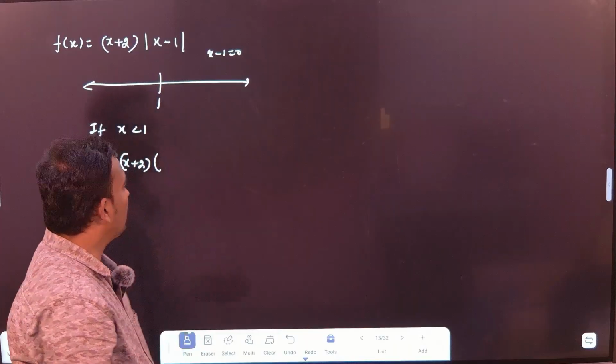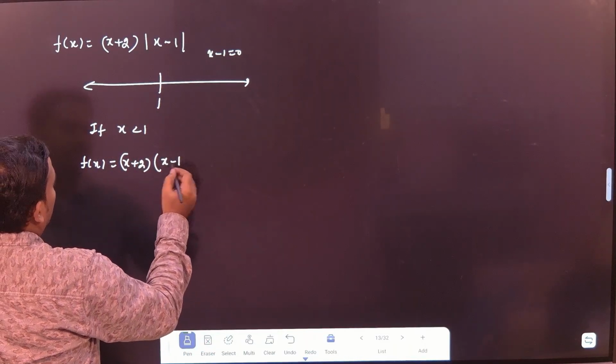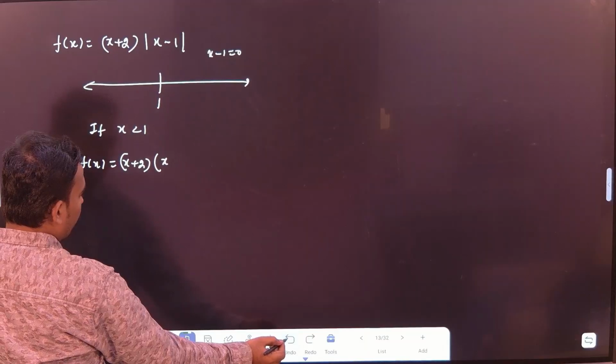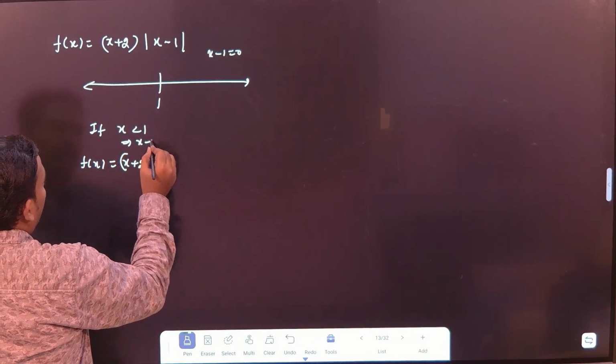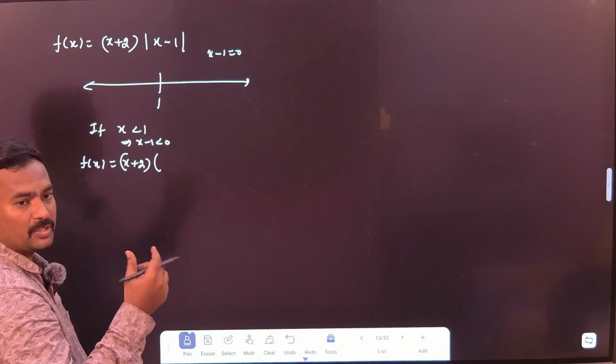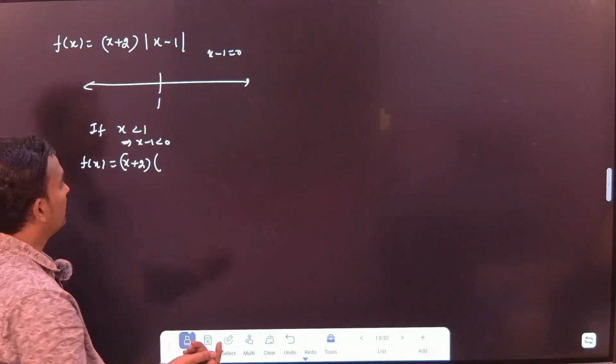You are adding minus 1, right? x minus 1 is negative, so how to write mod x minus 1? In this case, x minus 1 is less than 0, so mod x minus 1 is minus of x minus 1, that is 1 minus x, right? Correct?